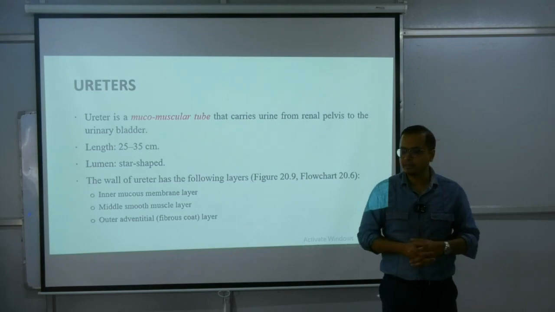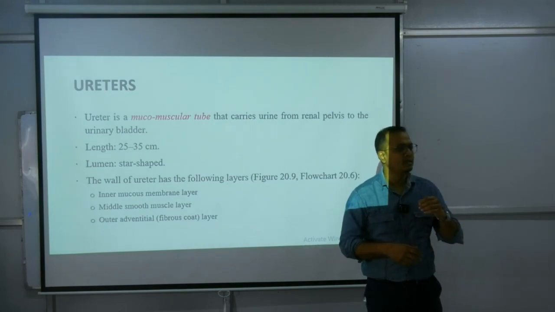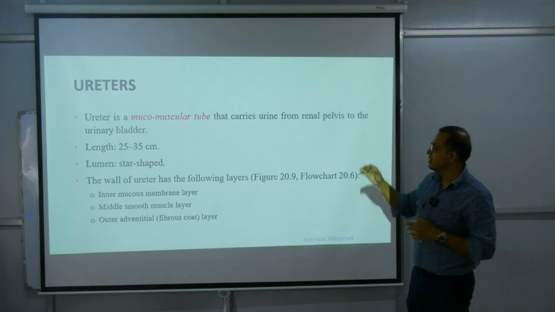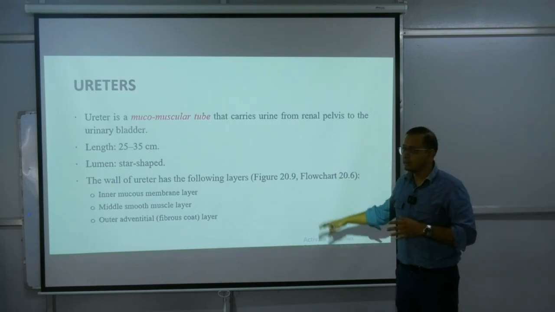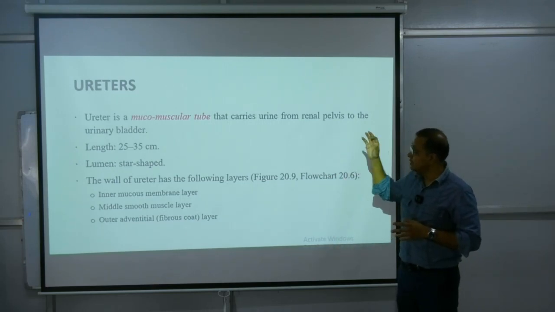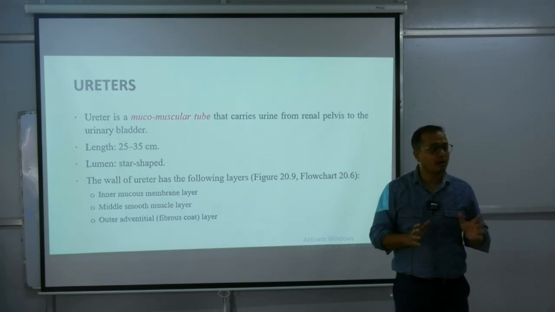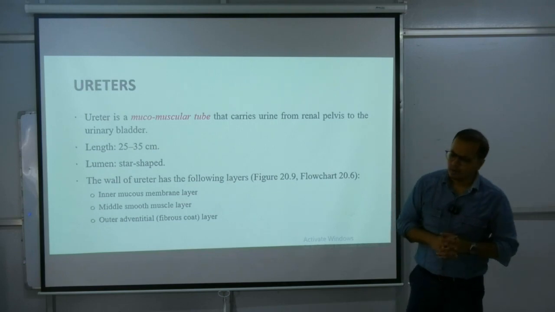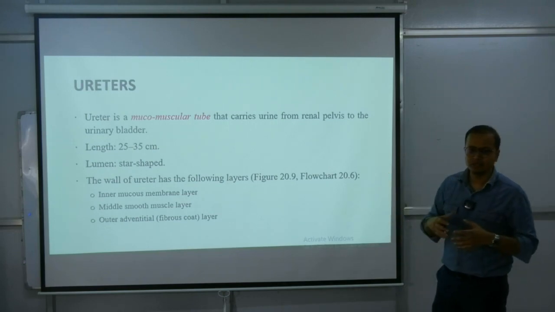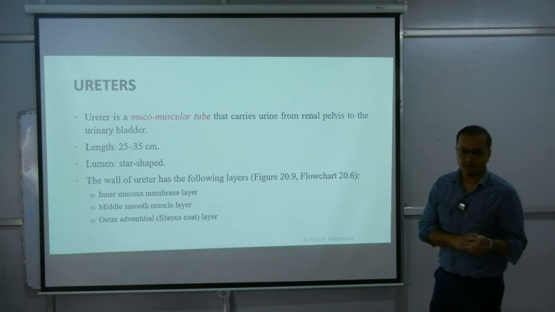Though gravity helps, it has its own peristaltic machinery to push the urine down. So the general anatomy of the ureter is important. You have to learn the general anatomy of the ureter, but we are going to learn about the microanatomy, which includes putting the ureter in smaller sections and identifying it.